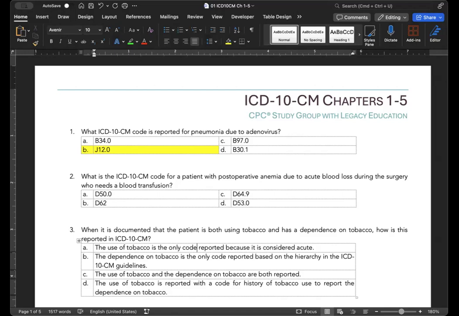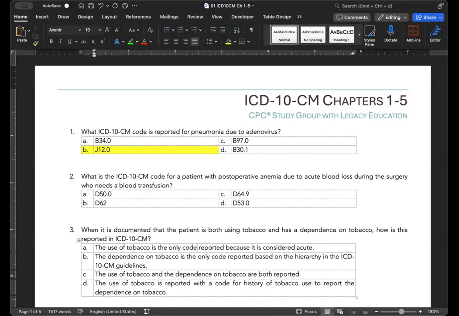Underneath anemia, where do you think we'll go? Due to. Let's look and see if it's under there. Oh, wait, no. How about post-op? Yep, post-op is where I would go.